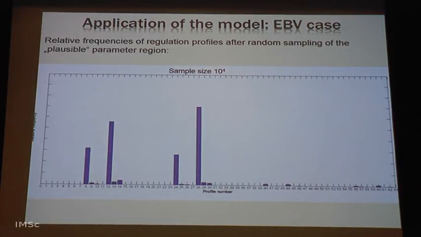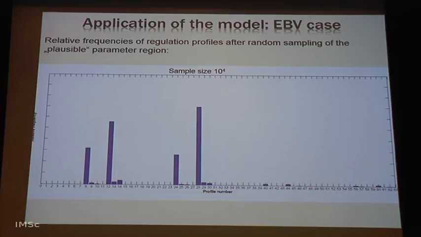So what I'm showing here is, as I said, I code every profile with a binary number of length 6, and that goes from 0 to 63. And now I randomly sample, and this is telling you how often, so this is the relative frequency of a certain regulation profile showing up. Right?